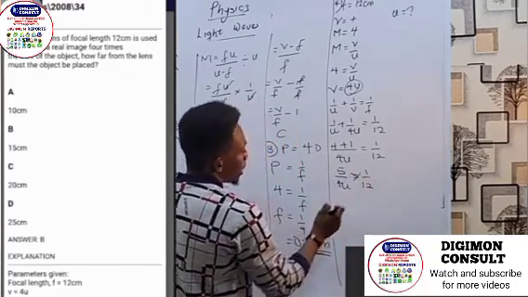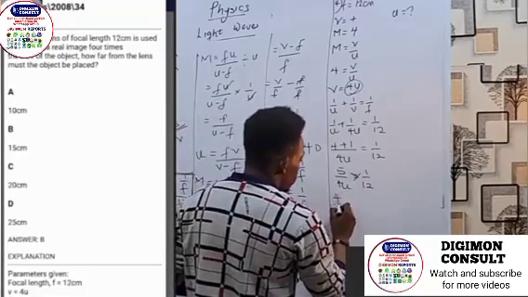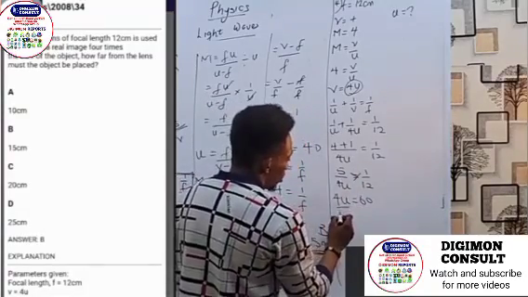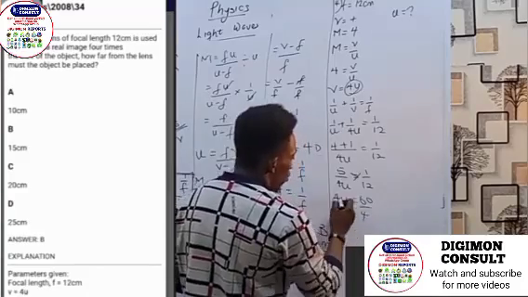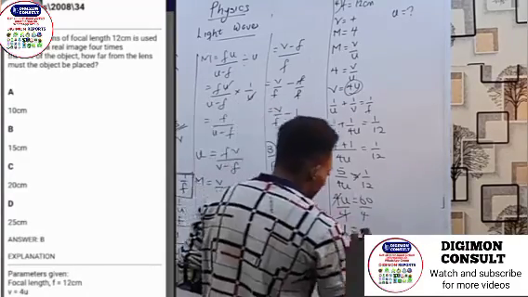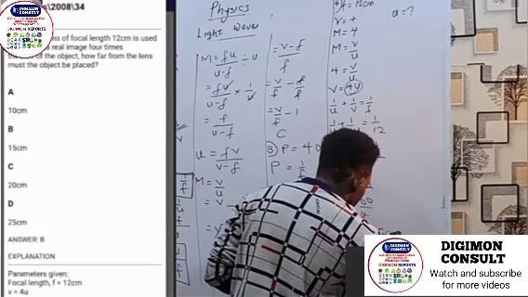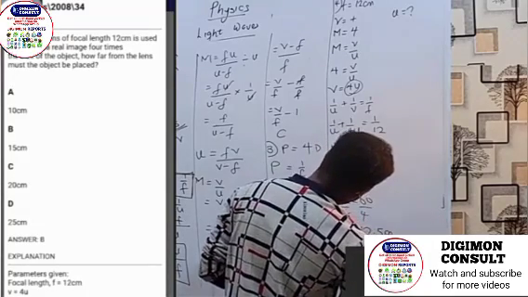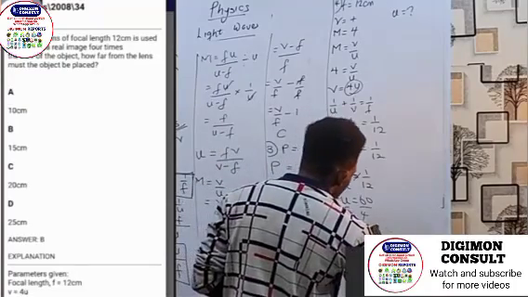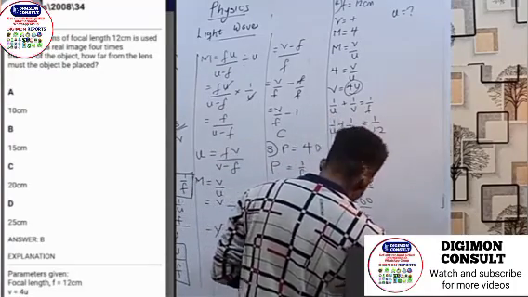Let's simply cross multiply. 4U times 1 is 4U. 12 times 5 is 60. U equals 60 over 4, is 12.5. Sorry? 60 over 4 is actually 15 centimeters.